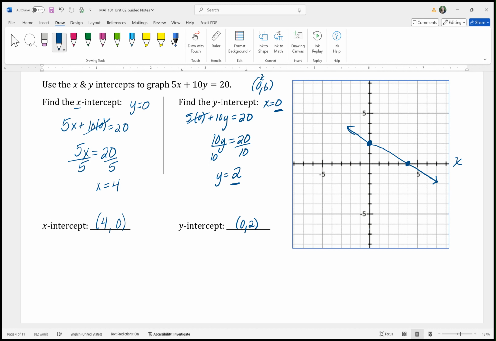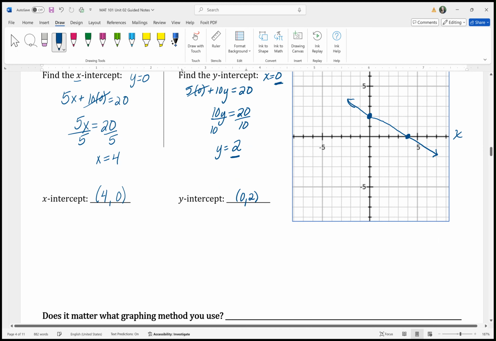Okay, let me say one other thing here. Can you use any method? Does it matter what graphing method you use? You have now learned slope-intercept to graph, you have learned using an xy chart, and you have now learned using x and y intercepts.